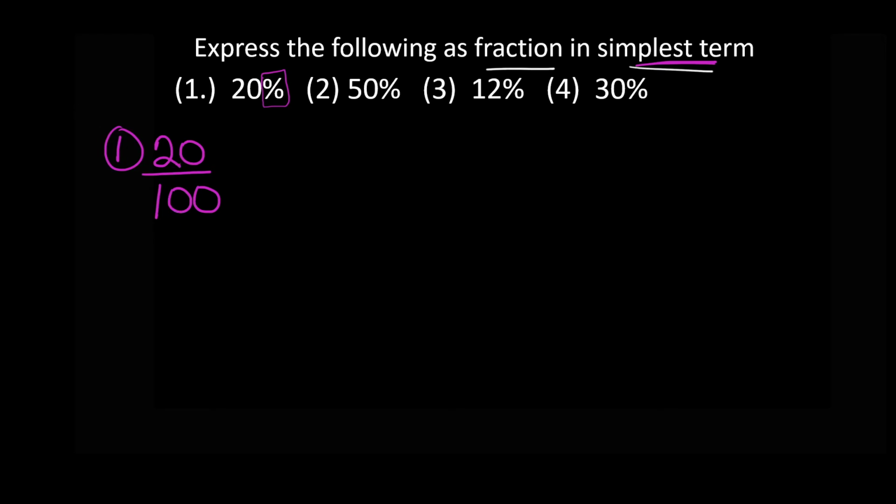Now if you take a look at this number, you realize that 20 is a common factor. 20 in 20 is 1. 20 in 100 is 5. That means your final answer right here is 1 over 5, because you have been able to simplify it to the lowest term. 1 over 5. Nothing can go in anymore except 1.